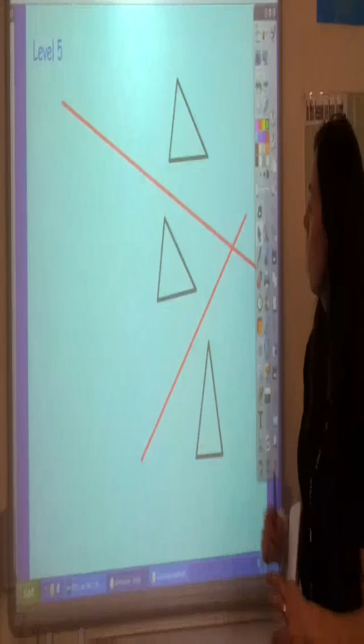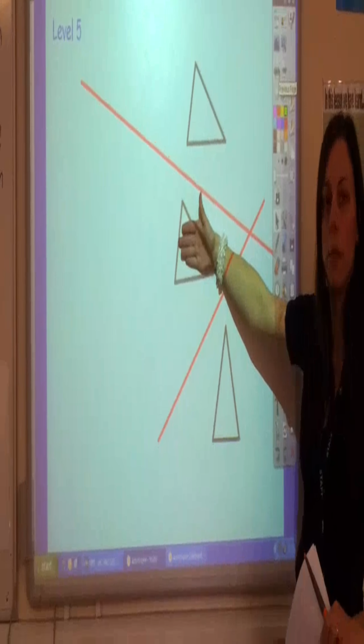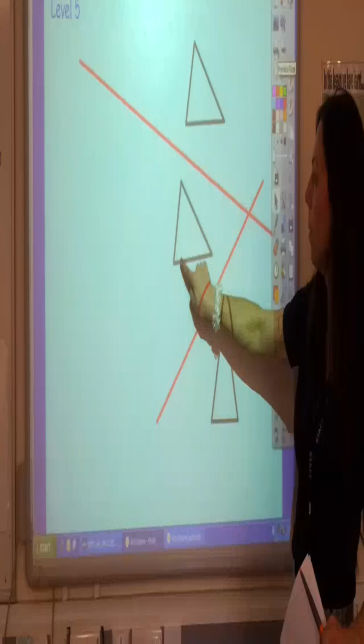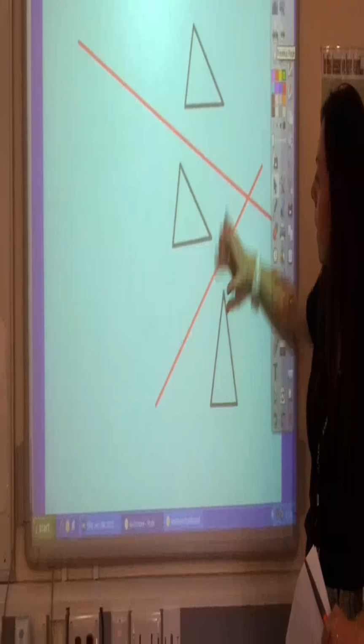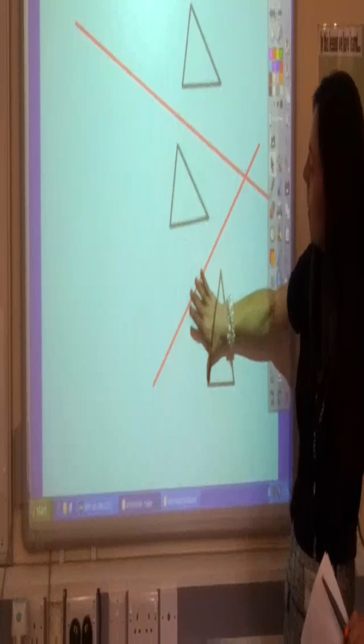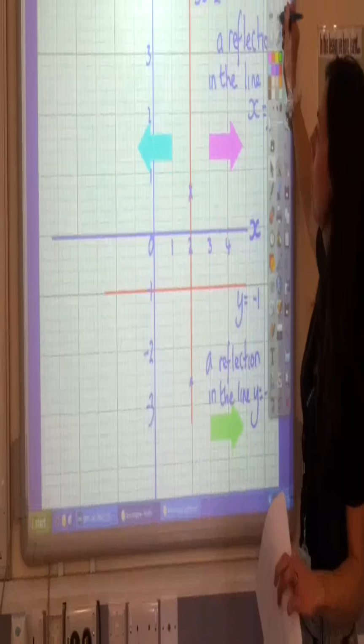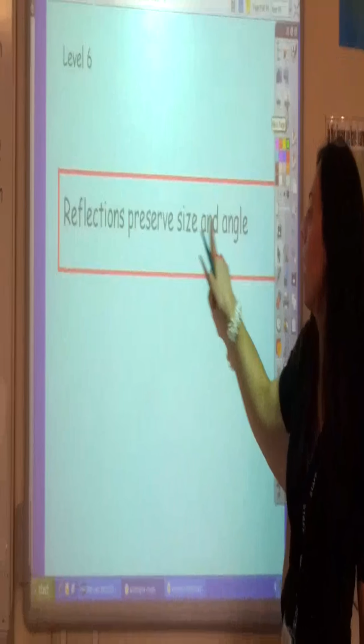If I go back, these two triangles here are exactly the same size, and if I was to measure with a protractor, my angles inside, those two would still be the same, those two would be the same, and those two would be the same. So for my level 6, a reflection preserves size and angle.